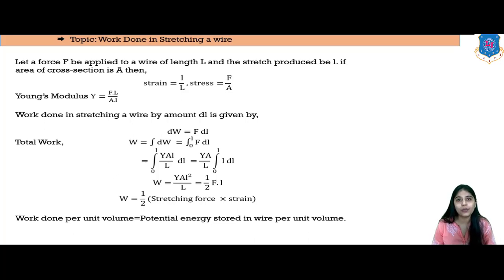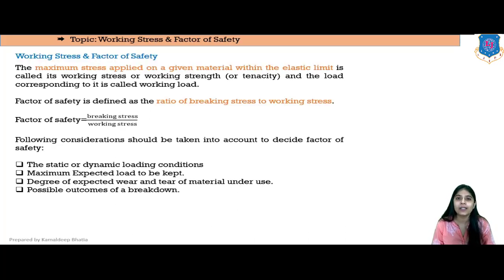Now we will look at working stress and factor of safety. It is observed in all metals that Hooke's law holds good only up to a certain limit, in a very small region of stress. So there is a need for a safeguard when working with metals.